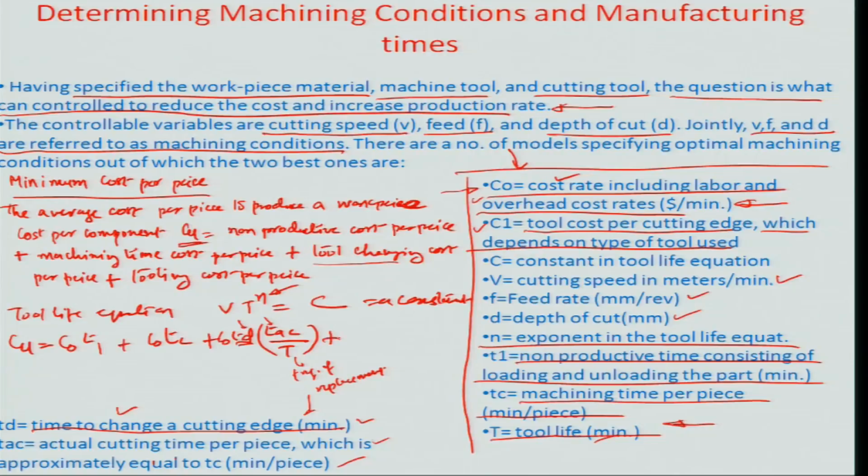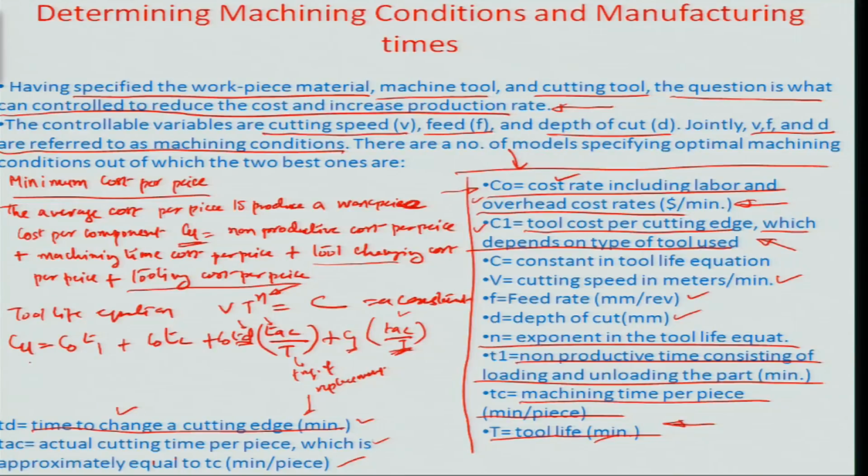And then there is a bundling of the tooling cost which comes because of such changes. So you have the total overall cost as the number of times that you need to change a tool while one cutting cycle is on, times the tool cost per cutting edge. These are the number of edges that you would need times C1, the cost per cutting edge.